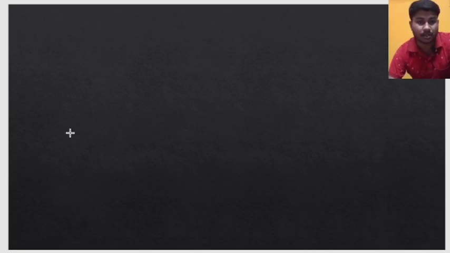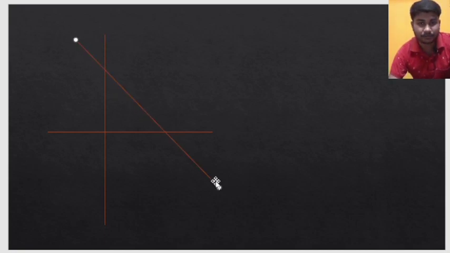Suppose this is your x axis and this is your y axis, and the line is like that. Now suppose this is the perpendicular from the origin to the line, we also draw here.